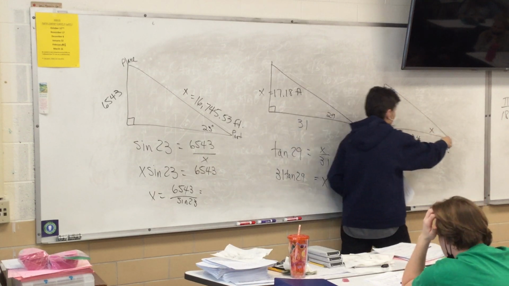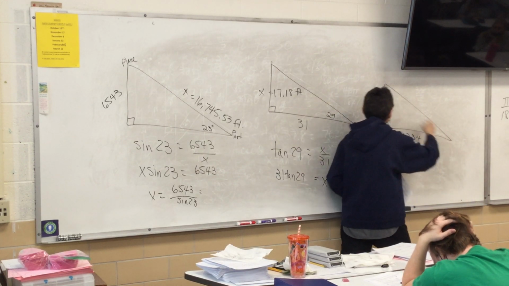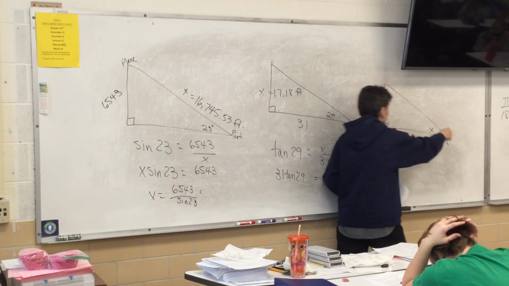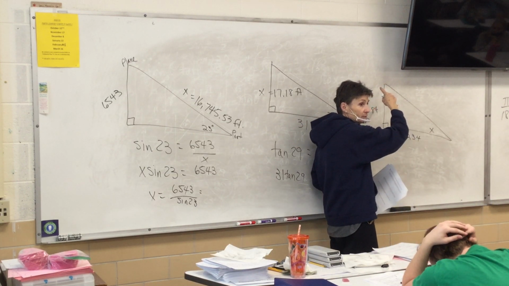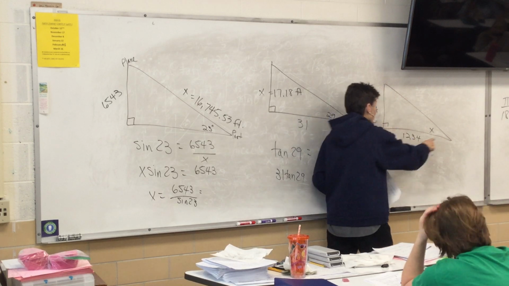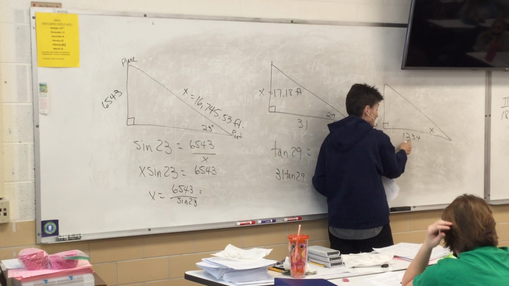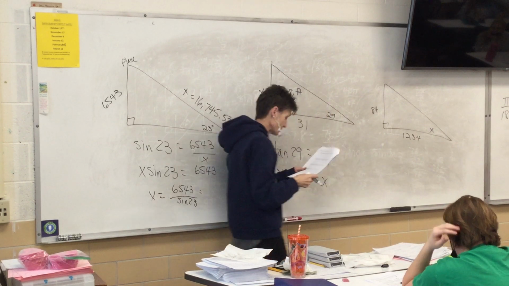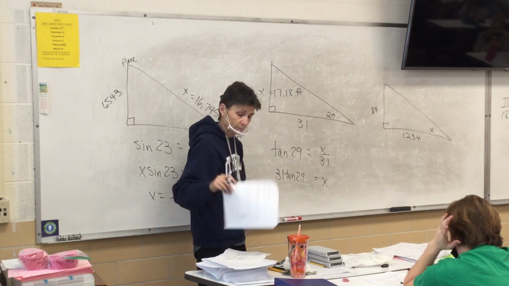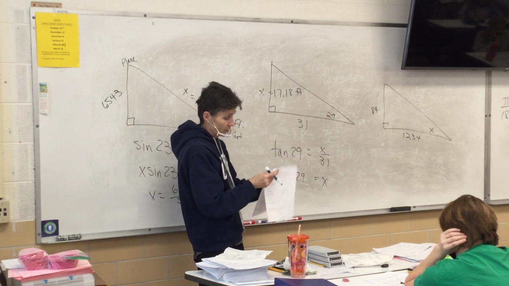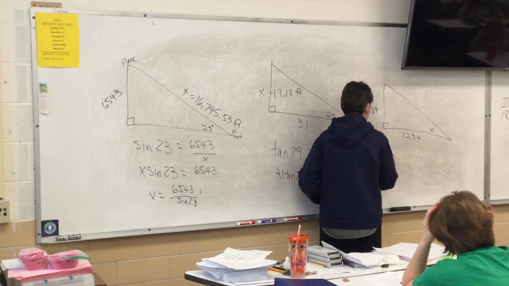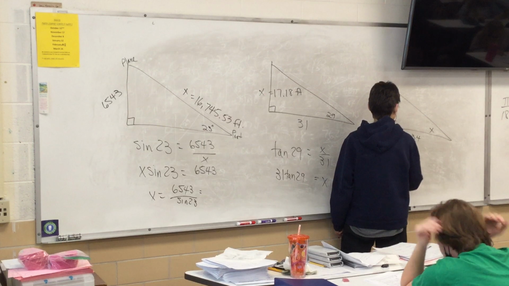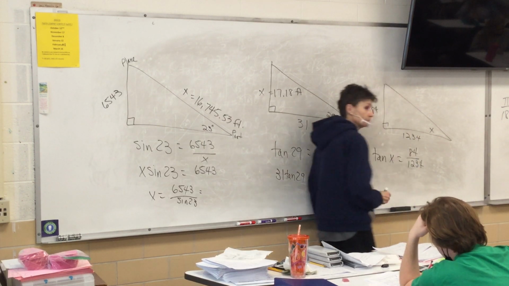Well, if I'm standing down here and Tom Ford's up here, then that would be the distance from me to my husband, right? But the distance from me to the building is right there. Sine, cosine, or tangent? Tangent. So tan x equals 84 over 1, 2, 3, 4.